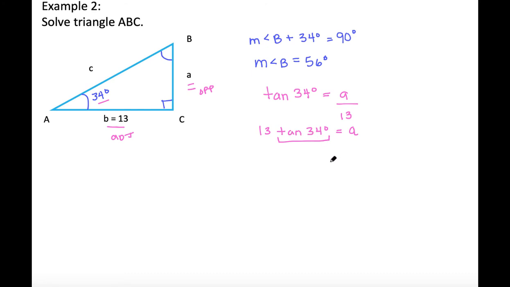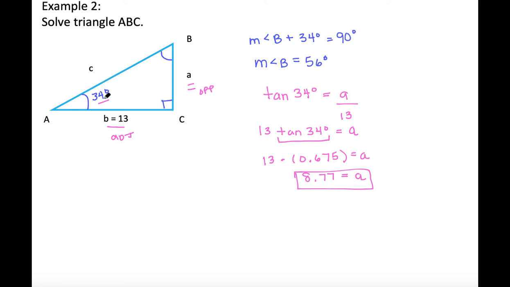So when we plug that into the calculator, we end up with tangent of 34 degrees is approximately 0.675, and we're going to multiply that to 13. So we end up with 8.77. We're going to round to the hundredths place. 8.77 is A.